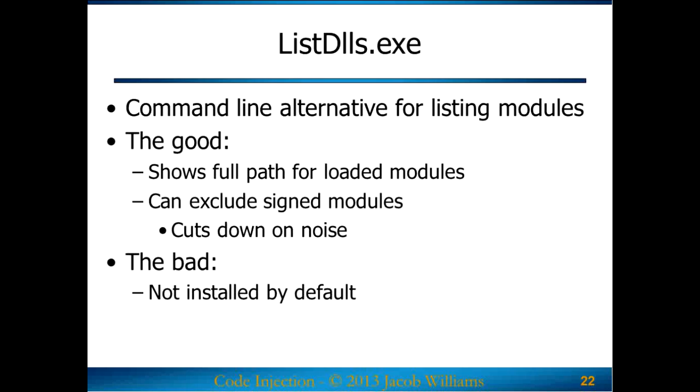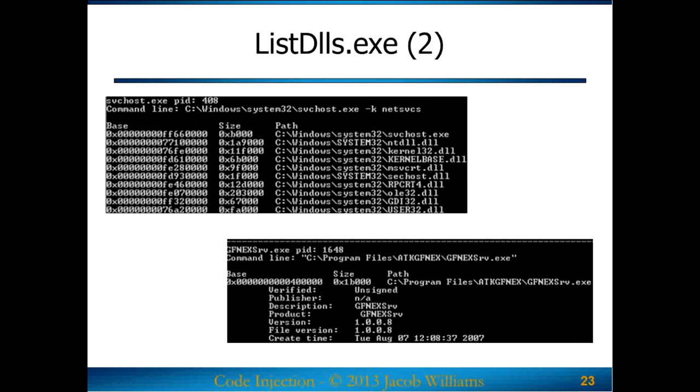ListDLLs is able to exclude signed modules and only display the modules that are unsigned. This really cuts down on the amount of noise that we have to wade through, particularly if we're just getting started. So the best thing about this is that it'll automatically remove all of the Microsoft signed DLLs. The only bad part about this is that it's not installed by default.